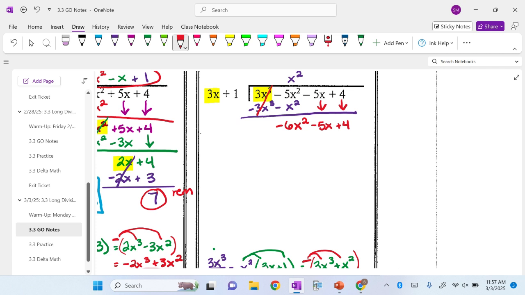Take a minute, try the next step. So go through the process for the negative 6x squared. I don't want you to finish it. I just want you to go through the process for the negative 6x squared. So try the process when you're dividing negative 6x squared by 3x.